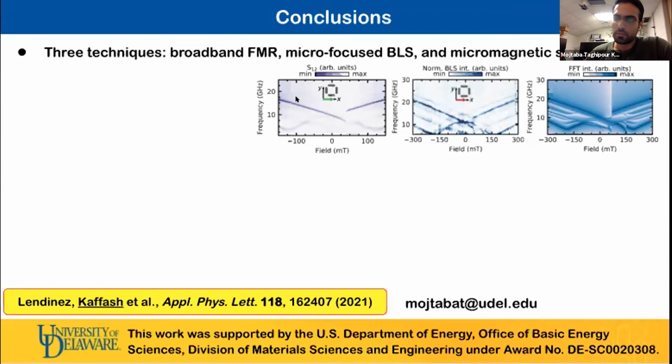That's the nature of the microwave excitation. But in BLS, we excite the spin waves thermally. So we have a large wave vector range, and that could be detected by the microfocus lens, which has a high numerical aperture.